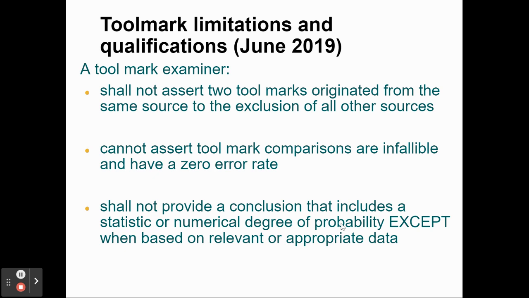Unless there's some type of statistical value that you can find that's going to be associated with that particular item or that particular process. If you can't find that, then you can't throw out arbitrary numbers. That's providing really some false confidence to anybody that might be listening to your testimony.